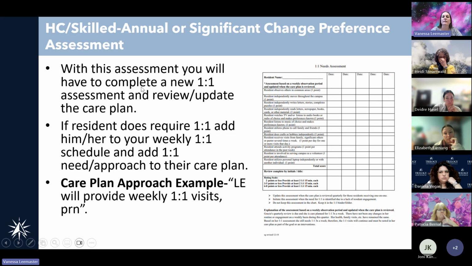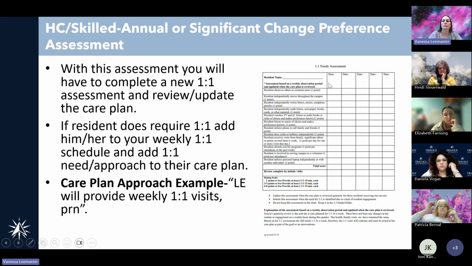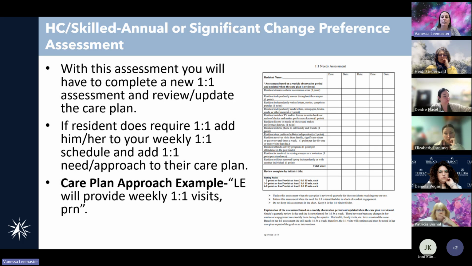So you'll complete a new one, with your current date and those numbers in there, a new one-to-one evaluation, and then you'll update the care plan, which we'll talk about later, if there are any changes. If they do require a one-to-one, you're going to make sure to add them to the weekly schedule, and then go into the care plan and make sure that's part of the care plan.